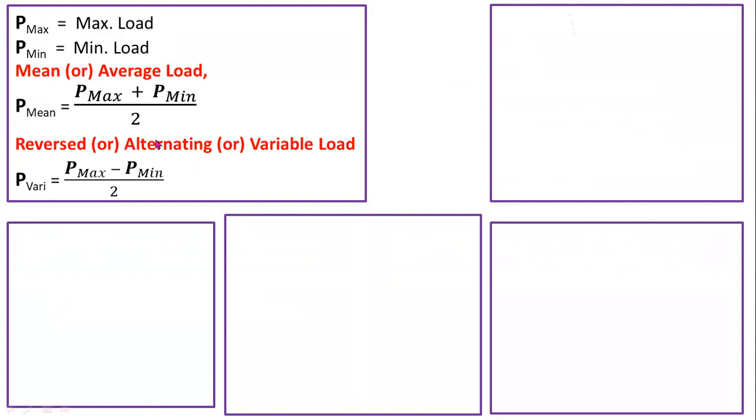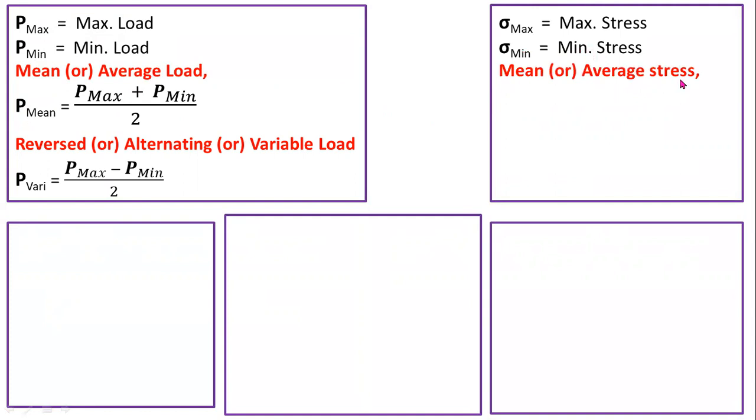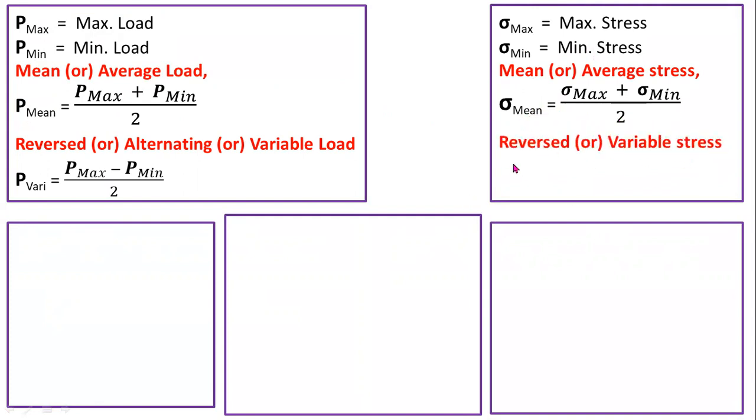Now, for tensile, compressive or bending stresses, sigma max and sigma minimum are the maximum and minimum stresses. Mean stress sigma m equals sigma max plus sigma minimum by 2, and variable stress sigma v equals maximum minus minimum by 2.